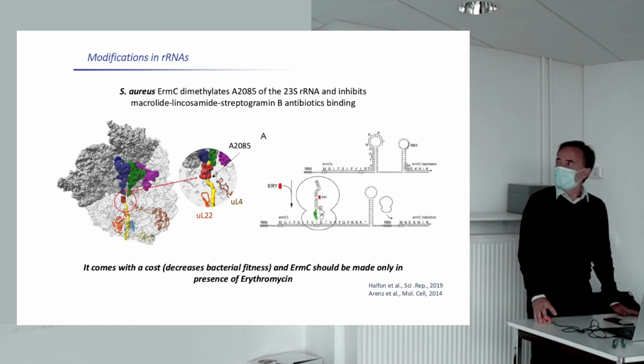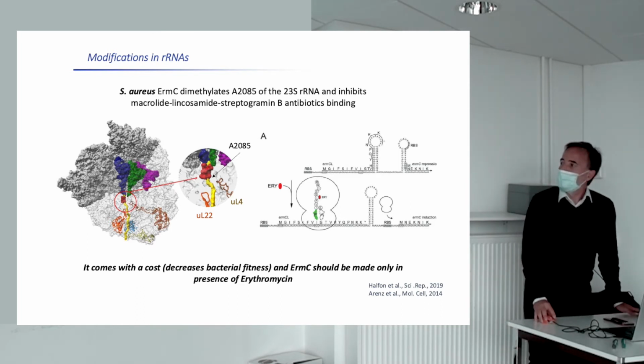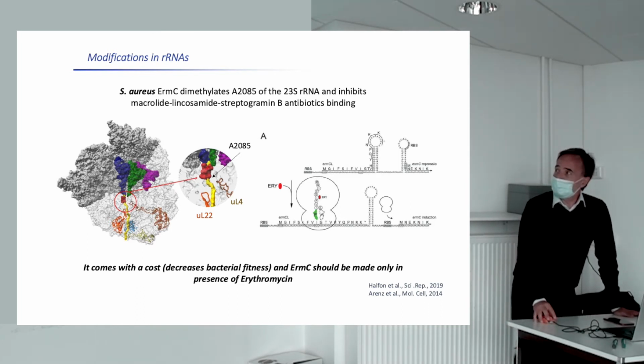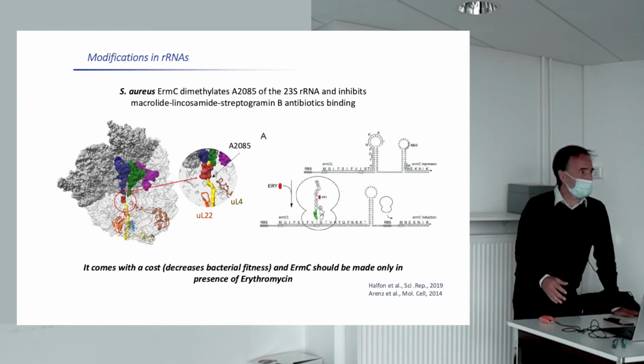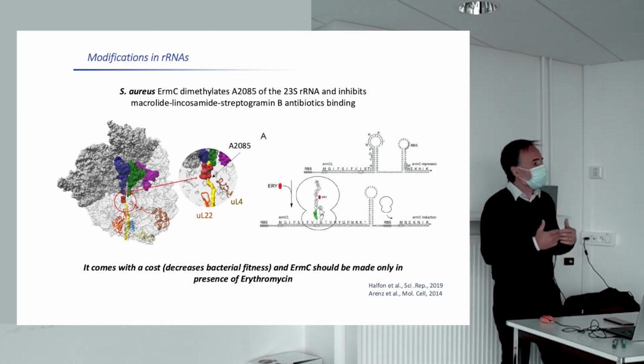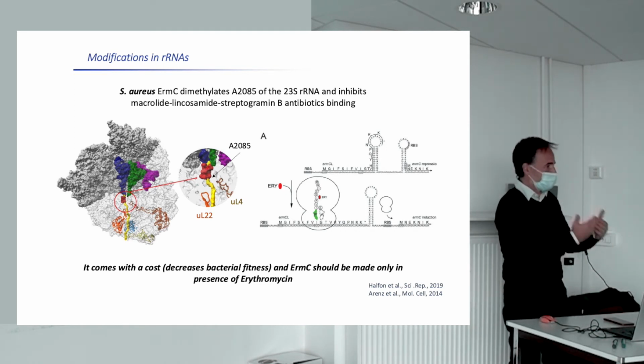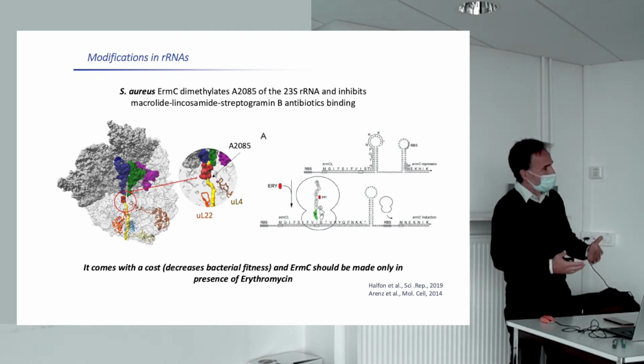In E. coli, the same nucleotide is A2058. What we know is that if we methylate this nucleotide, we have resistance to these antibiotics. Erythromycin and the other antibiotics are no longer able to bind in the presence of a modified A2085 in Staphylococcus aureus, so we have resistance against the antibiotic.